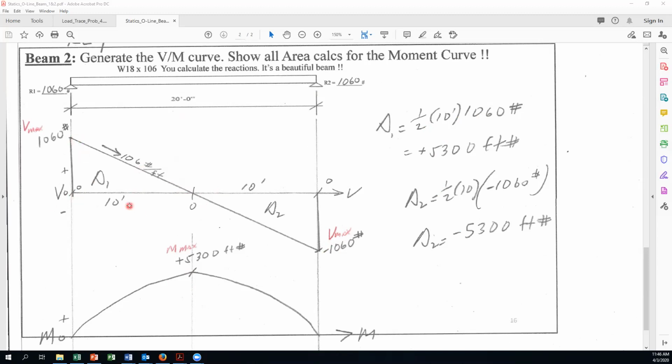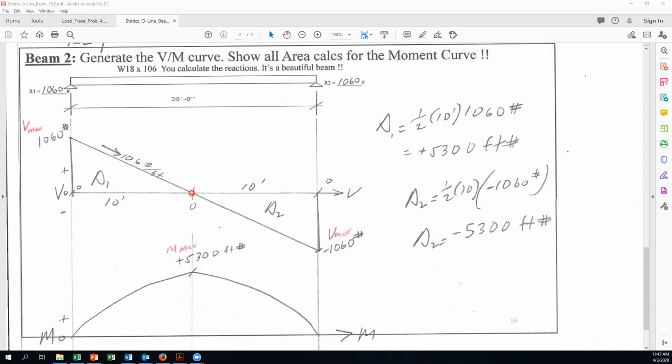How do you know it's 10 feet? Because it's beautiful. We know we're 106 pounds per foot. Over 10 feet, we drop 1060 from the previous value of the shear, which brings us down to 0.